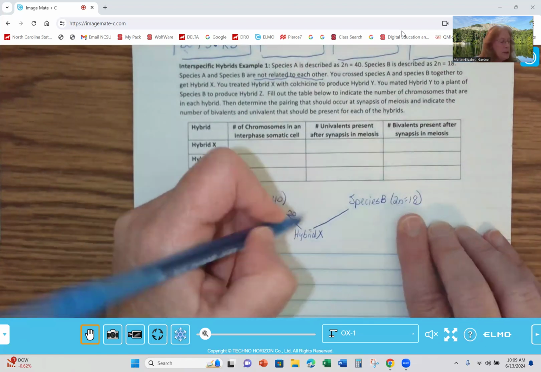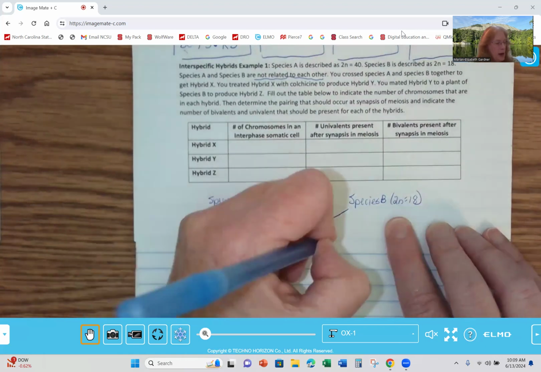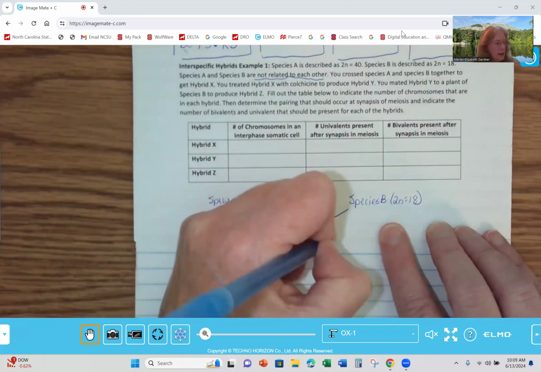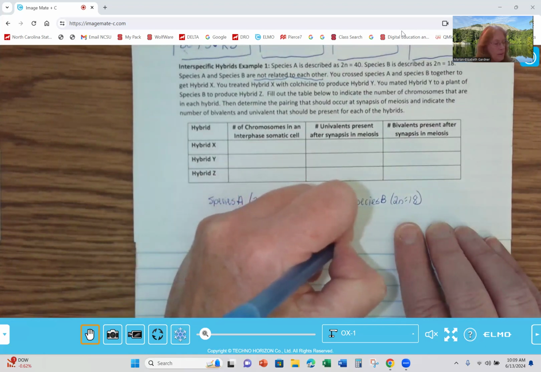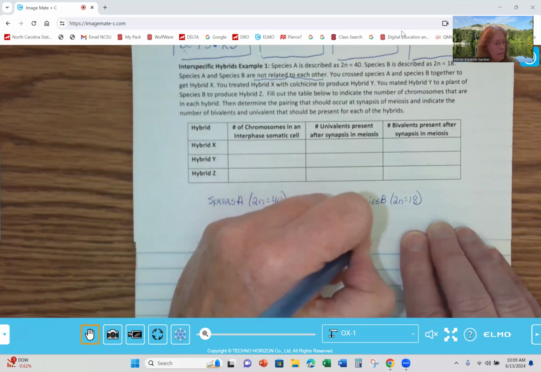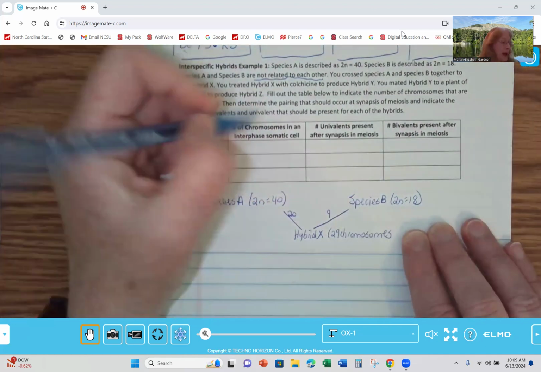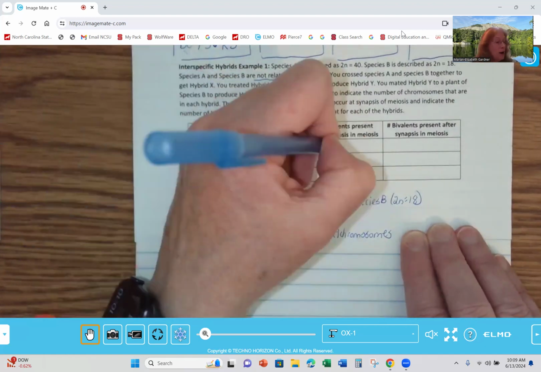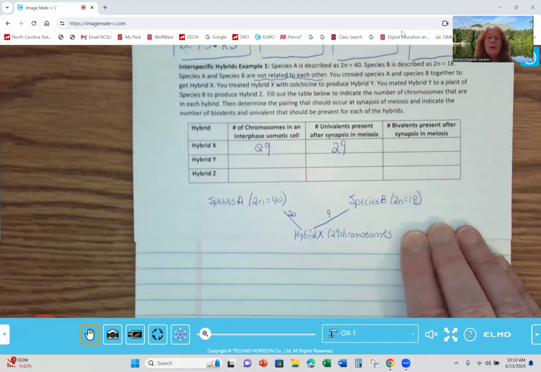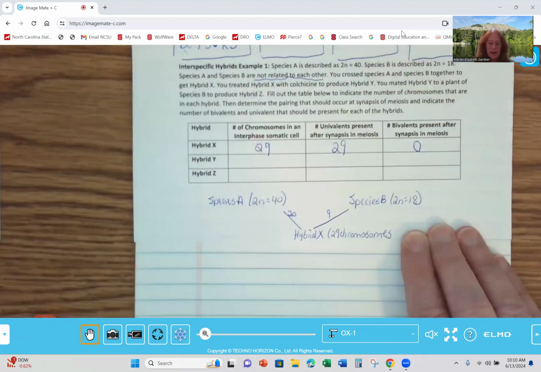Half of the chromosomes in species B would be in the gamete, half of 18 is 9. So hybrid X has 29 chromosomes. And we expect hybrid X to have those 29 chromosomes all as univalents, because remember, our two species are not related to each other, so no bivalents present.